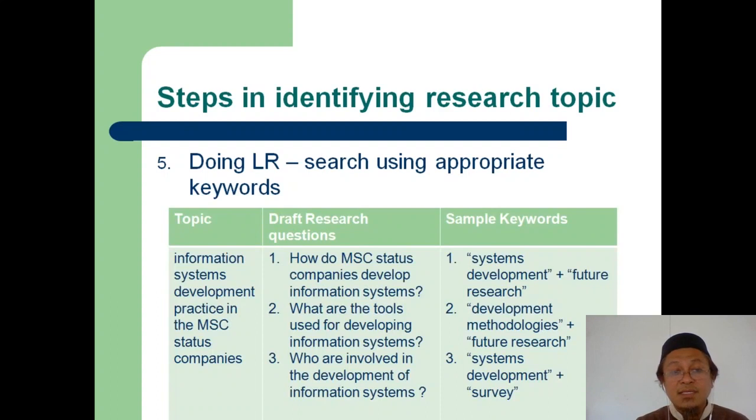In this example, let's say the topic is information system development practice in MSC status companies. So we have these draft research questions: system development plus future research, system development methodologies plus future research, and system development and survey.